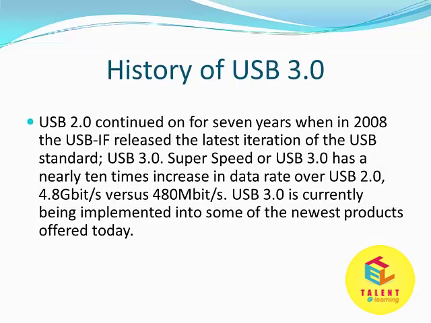The SuperSpeed USB 3.0 has nearly a 10 times increase in data rates over USB 2.0. It is 4.8 gigabits per second versus the older 480 megabits per second. USB 3.0 is currently being implemented into some of the newest products offered today.